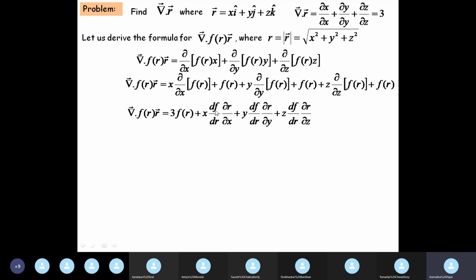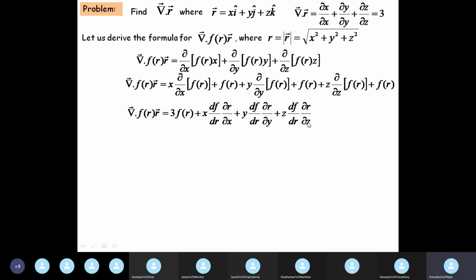We can write d, because there is no question of partial derivative when we are writing df dr, because f is a function of r only. So we split this expression del f del x as df dr into del r del x. Similarly, from the second term we get y df dr into del r del y, and from the third term we get z df dr into del r del z.